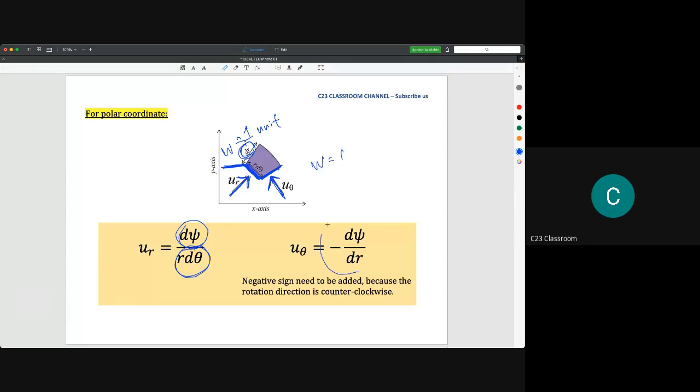So it remains as d psi over dr. And again, because the motion here is counterclockwise, we put a negative sign in this equation. So I hope you could remember these two situations, and I hope you make no mistakes when writing the stream function and the velocity components. So we have Cartesian coordinate, and we have polar coordinate.